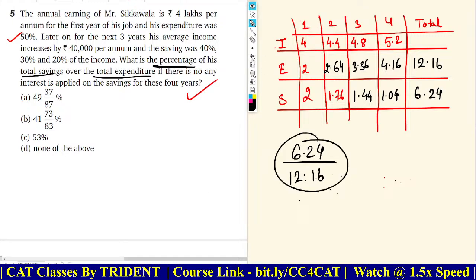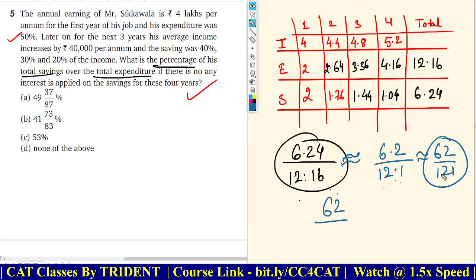Now, how do I do this? Now, very interesting bit. This is the only bit that you should pay attention to. Let's approximate this number. So let's say this is 6.2 by 12.1. I can also write it like 62 by 121. Okay, please pay attention to what I am doing. Suppose instead of 121 in the denominator, if I had 124, this would have been exactly half, right?